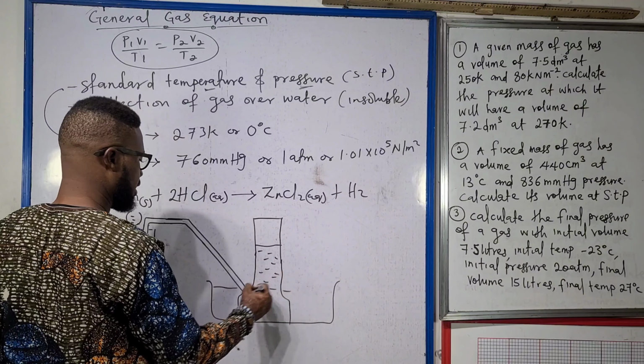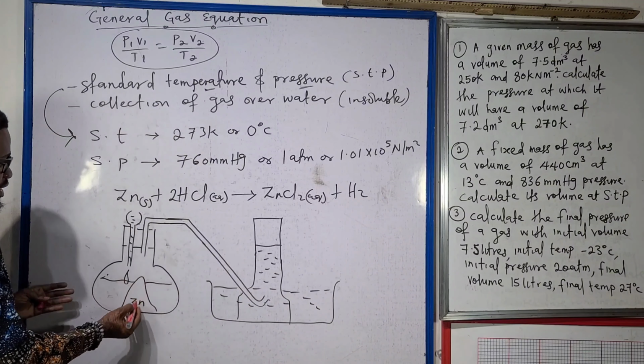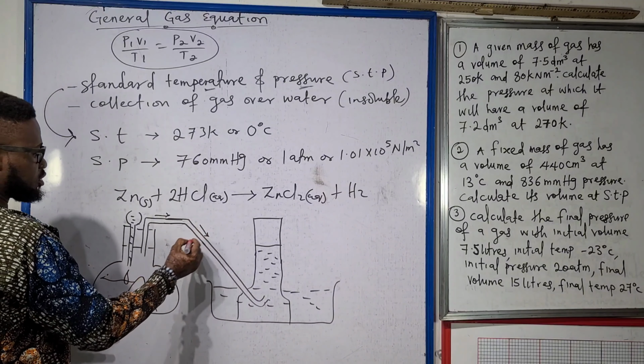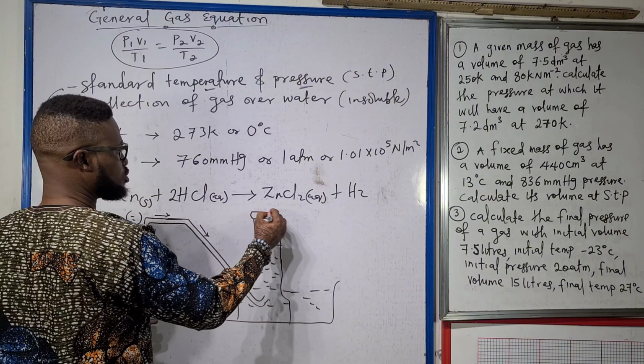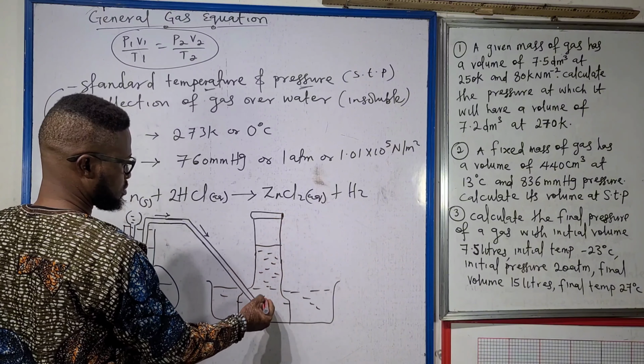And now let's look at situations whereby, let this be water, as the hydrogen gas is being liberated here, the hydrogen gas moves this way, and of course gets into water. But being that hydrogen gas is insoluble in water, it moves in, and the hydrogen gas is collected in the space above the water.